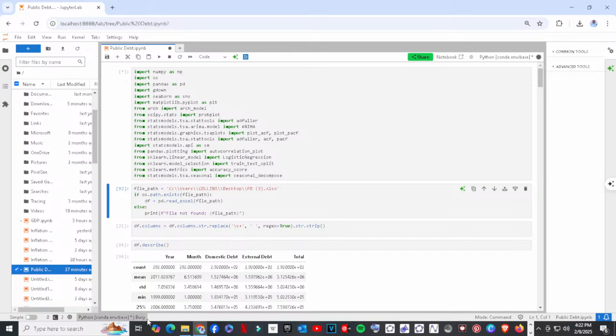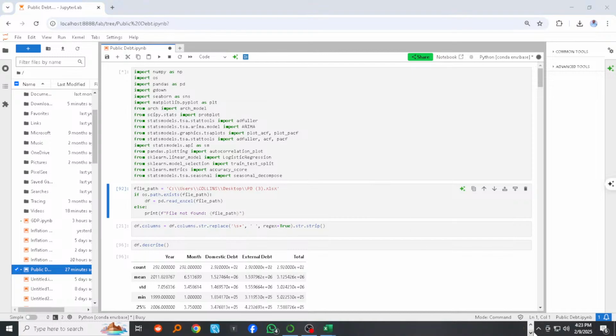If you check here, you see that it's busy, meaning we are not ready to do anything until this changes to idle. Then it will be ready for input and processing. That command has to be taken first before we proceed.